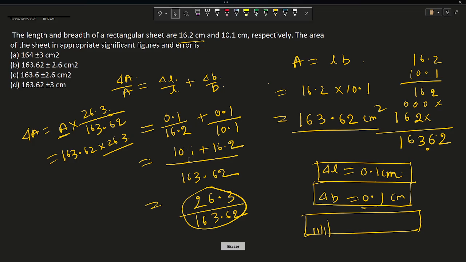This one will be 1.01 and this one will be 1.62. So finally it will be 2.63.